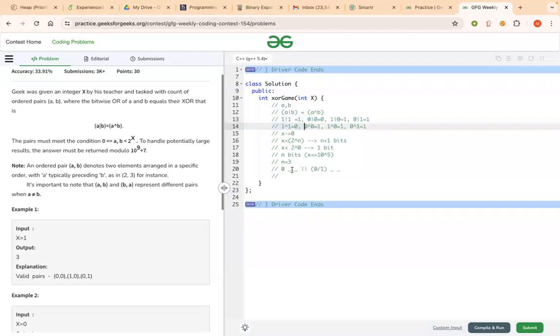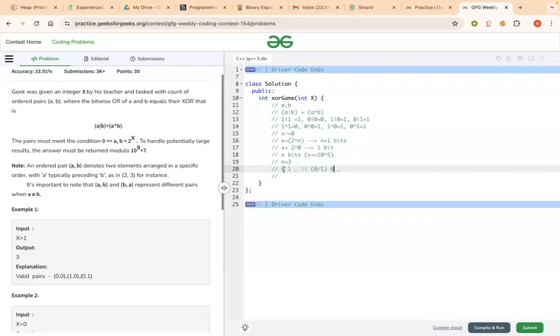Similarly, if you are placing a 1 in this position, then what options remain here? It is only left with one option, that is placing 0 here, because if you place 1 here, then their OR will be 1 and their XOR will be 0. So these are the two cases.